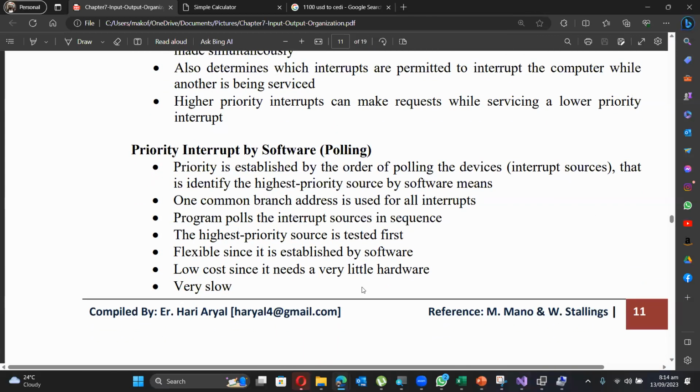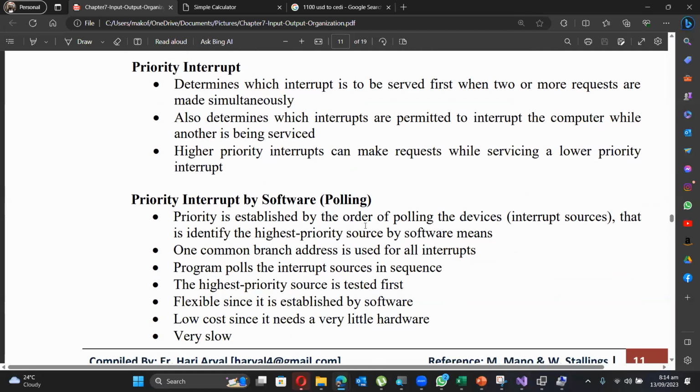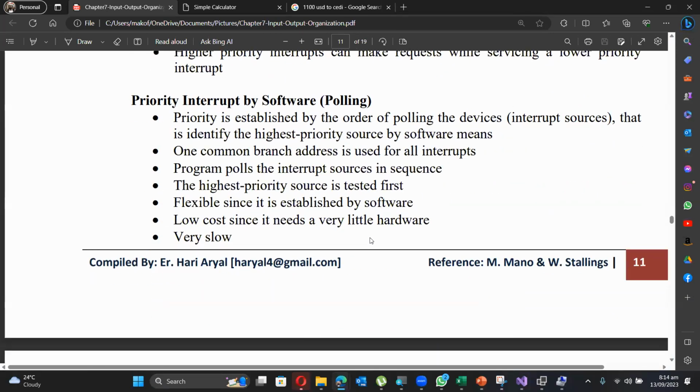Now, even though you can use the interrupt to give commands and locate the devices which we want, we should know that sometimes there is priority. The same way when you are on the road, there is priority given to special ambulances, special workers, and so on and so forth.